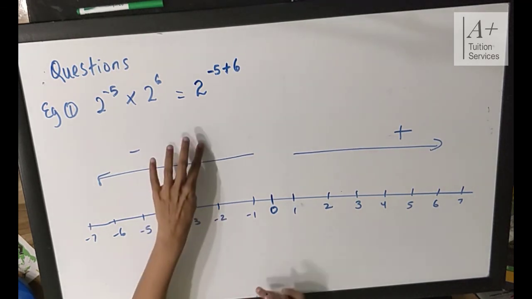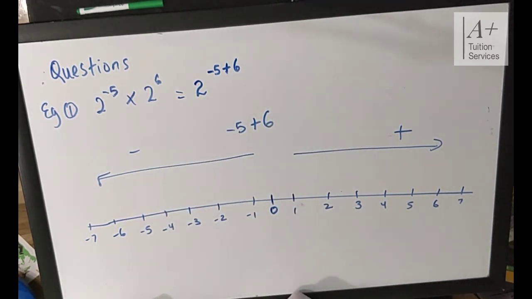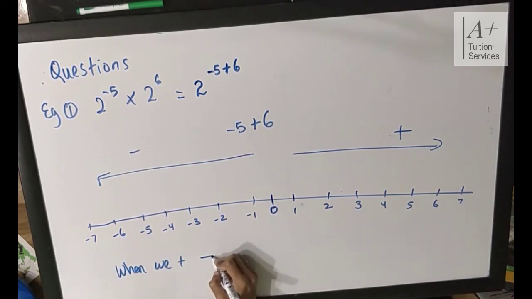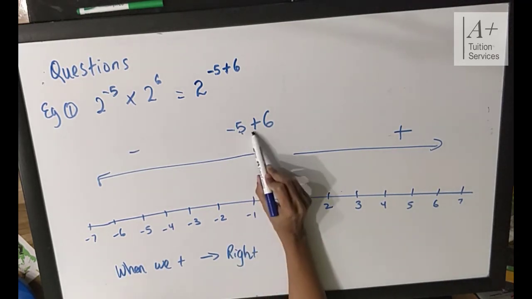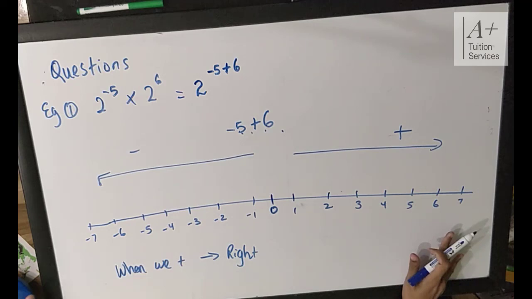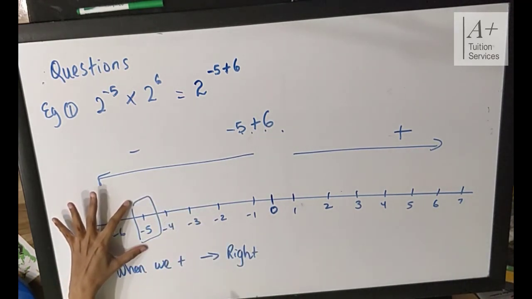So the question is minus 5 plus 6. Remember in Standard 1 when we did the number line, they told us that when we add on a number line, we move to our right. So minus 5 adds 6. On your number line, we're going to locate minus 5, and to this we're going to add 6.